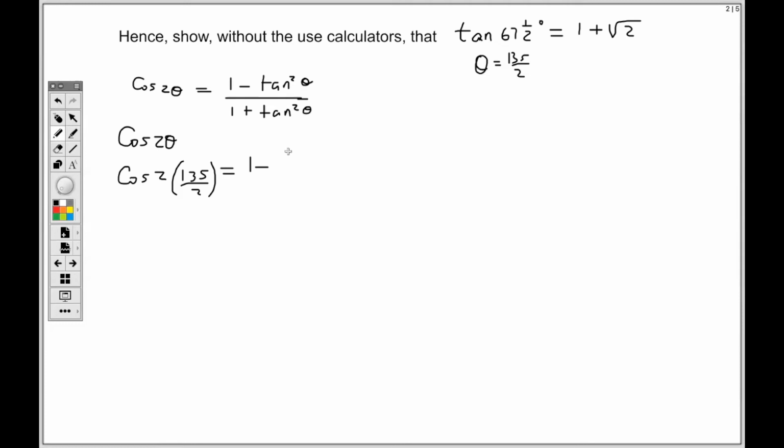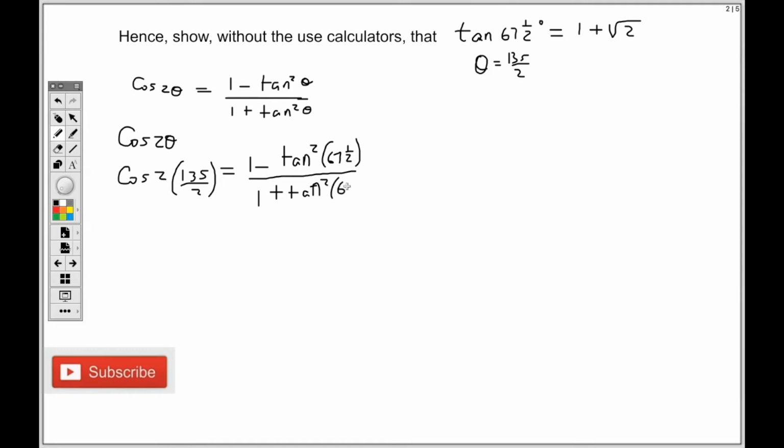So I'm just going to replace theta, which is 67.5. So I will have tan squared 67.5, which is the same thing as 135 over 2, over 1 plus tan squared 67.5.